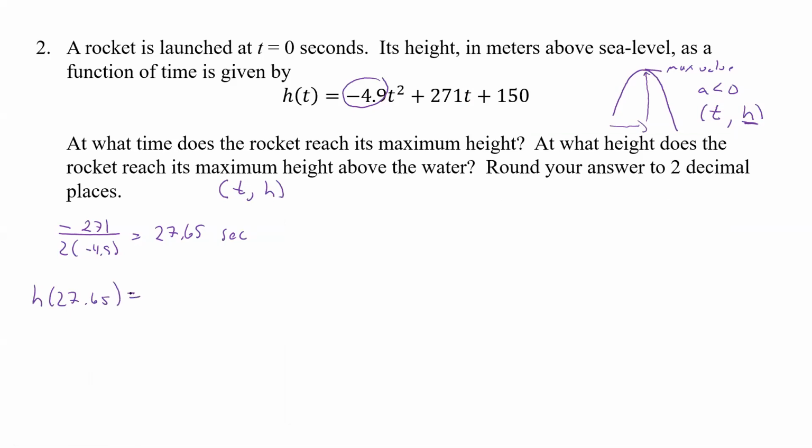27.65. And so now we plug all that in, and so we'll have a negative 4.9 times 27.65 squared plus 271 times 27.65 plus 150. And so now we'll go back to our calculator and type all that in.